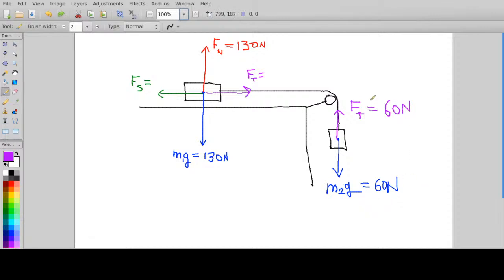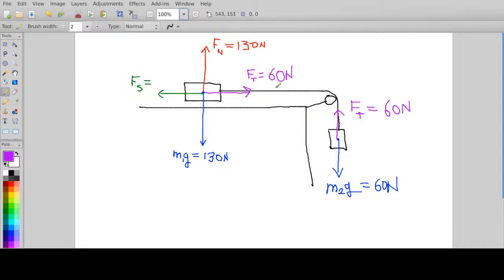Okay, so this Ft, however, is equal to that Ft because of the third law. All right, and so guess what? This is equal to 60 newtons. And that Ft has to equal Fs because we just argued why.